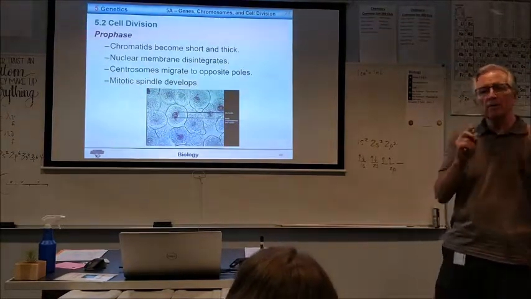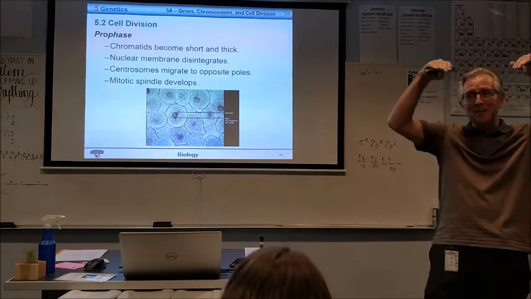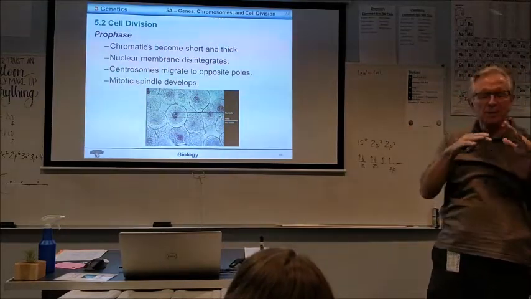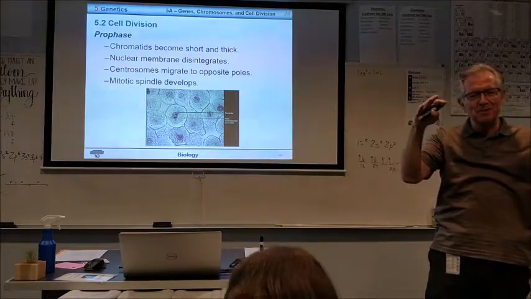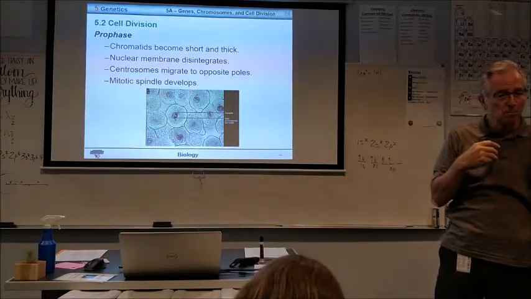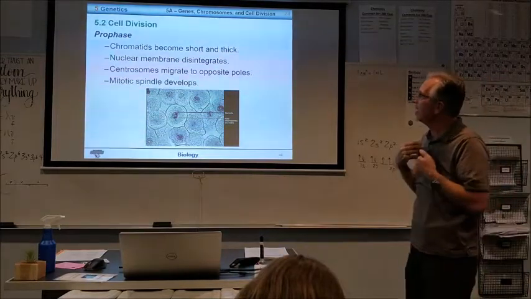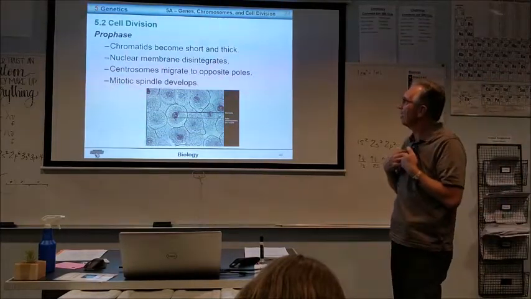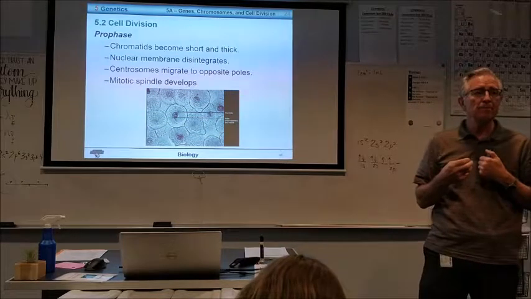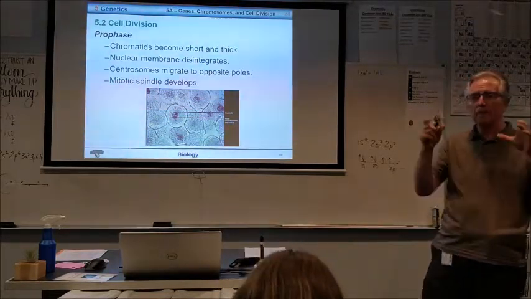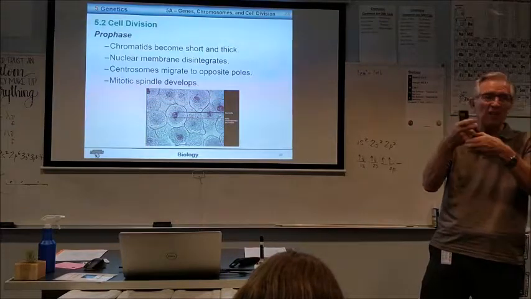So let's now look at mitosis and divide it into phases. The first part of mitosis is called prophase. What's happening in prophase? Well, the chromatids that we've talked about before will actually become shorter and thicker.